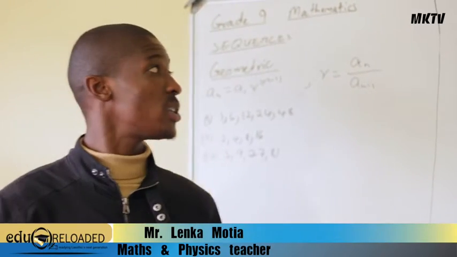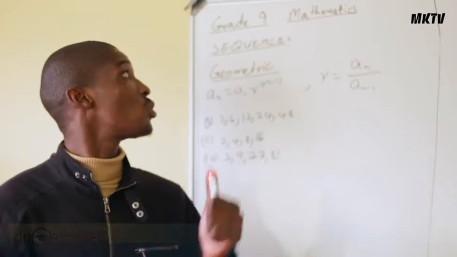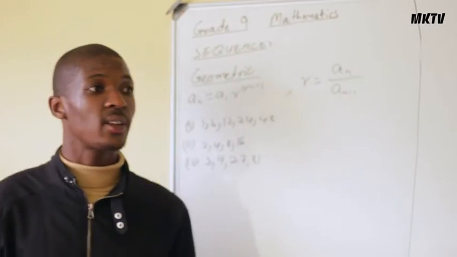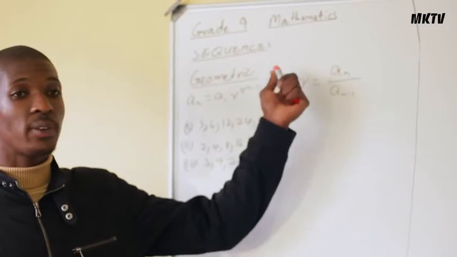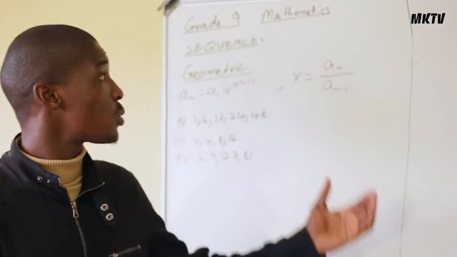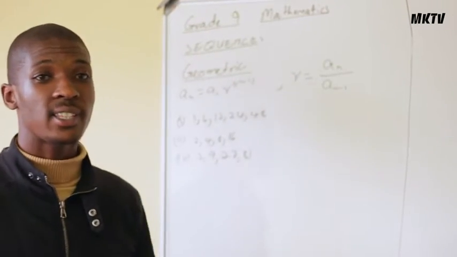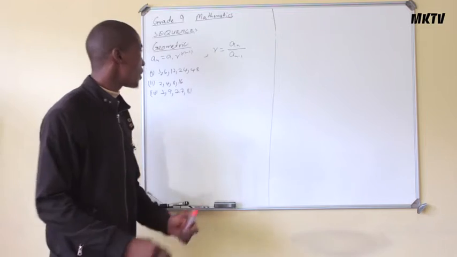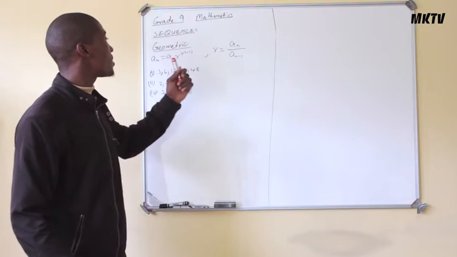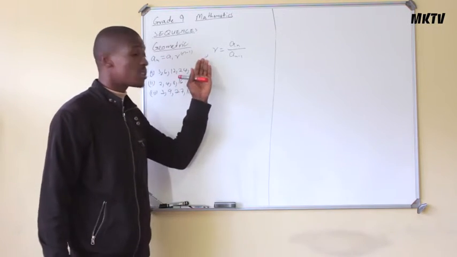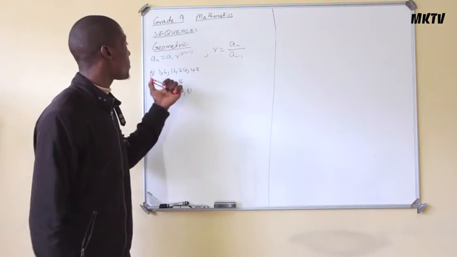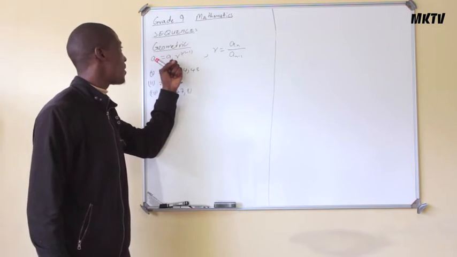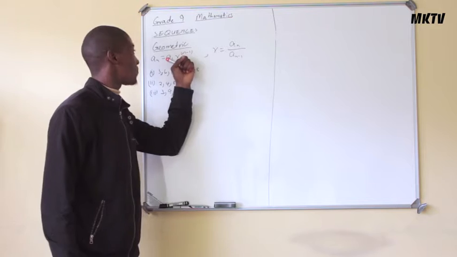So in continuation to our previous lesson in mathematics grade 9, where we were dealing with sequences, today we are going to deal with the next type of sequence, being the geometric sequence. So we said a geometric sequence, we get terms by multiplying the first term by a constant.